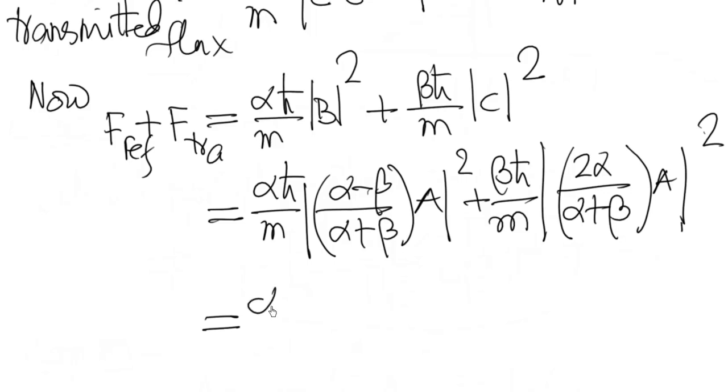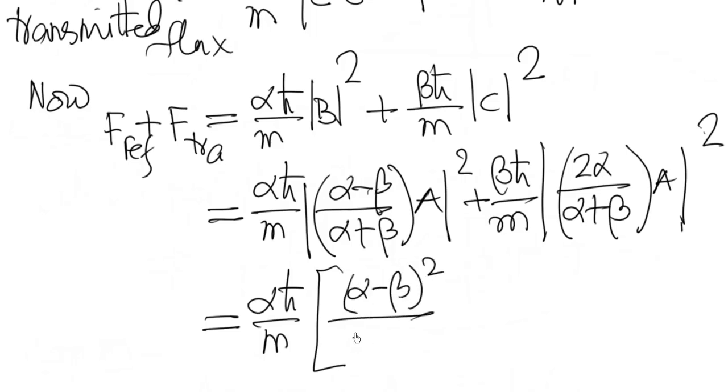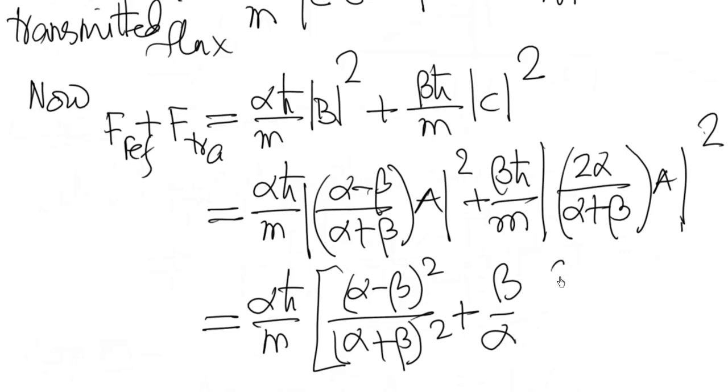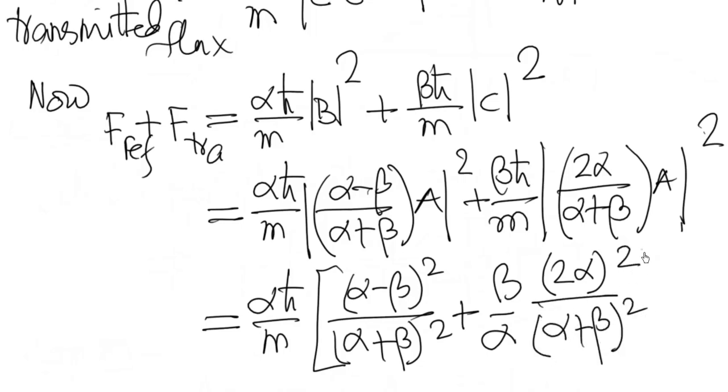If you take common alpha by m, then we'll have here this. This will be beta by alpha, common modulus of A square.